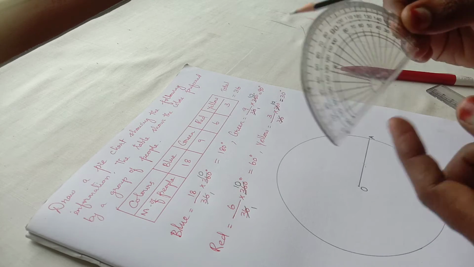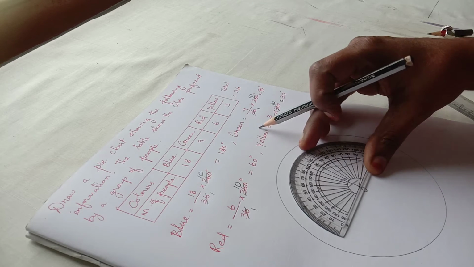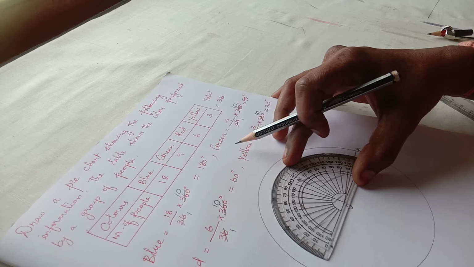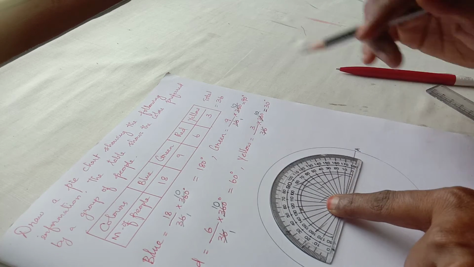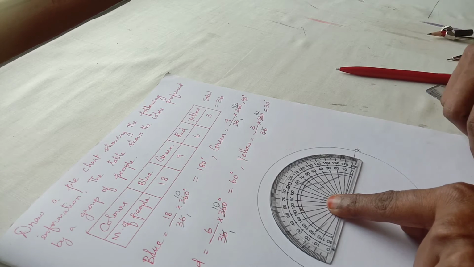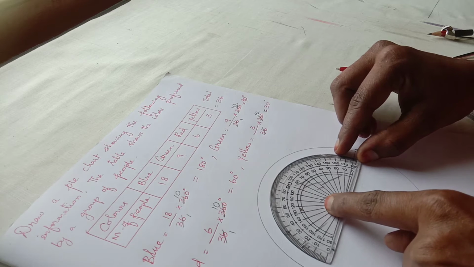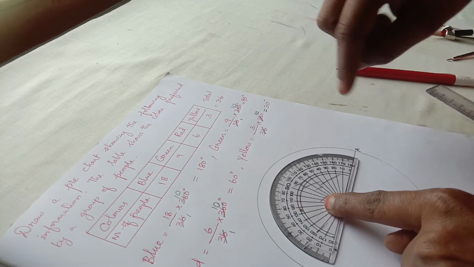So now we are going to keep the center of the protractor on O and adjust the zero line of the protractor, that is the baseline of the protractor, according to that radius.